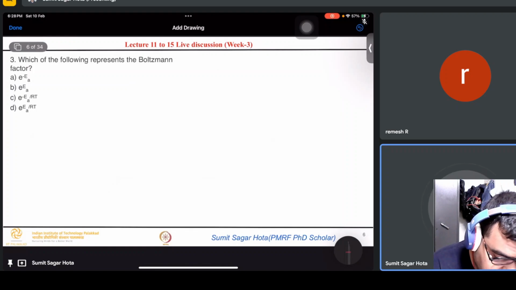Now, which of the following represents the Boltzmann factor? I think we also saw it in the previous class, but we don't know what exactly this term represents. Boltzmann.